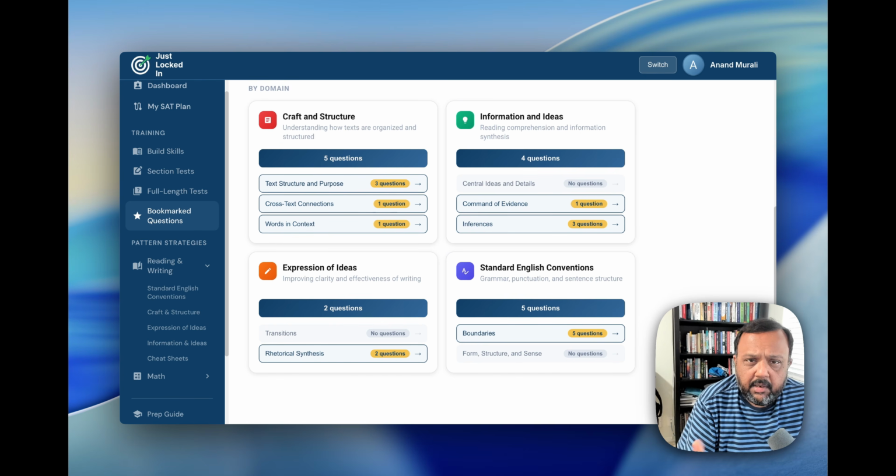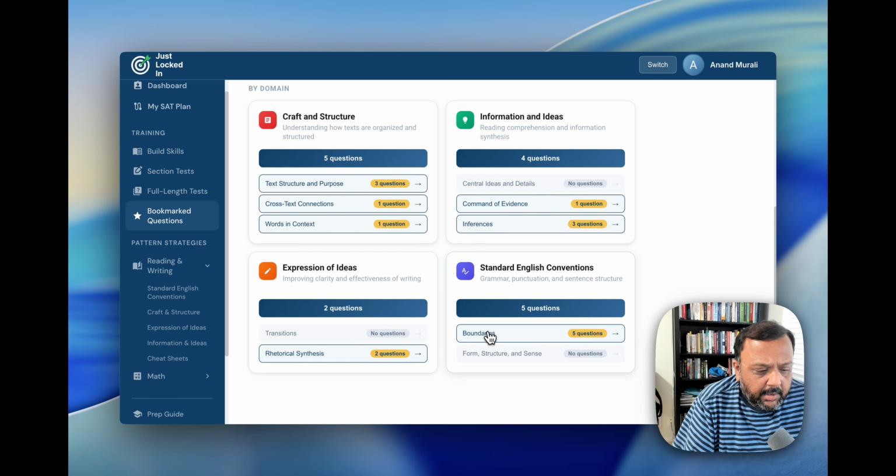Any question can be bookmarked, whether you're writing a test, reviewing a question, or just doing practice. If there is a question you want to come back to later because it illustrated an important point or was particularly difficult, go ahead and click that bookmark button, and you can come here and see it all neatly organized.